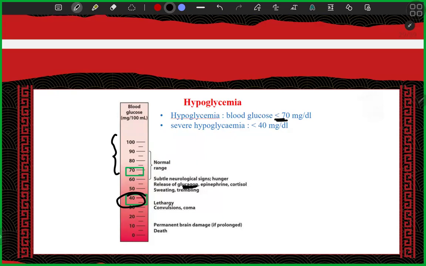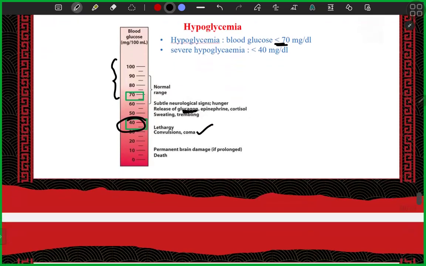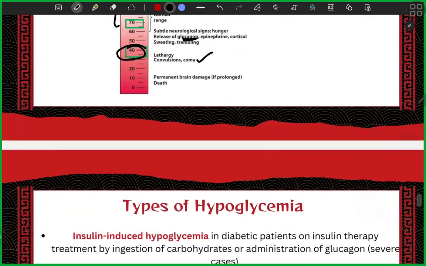But in severe hypoglycemia, you're going to have lethargy, convulsions, and coma, because you do need glucose for your brain, and your brain is the only one utilizing it. At some point your brain is not going to be able to use the glucose, and eventually you're going to have brain damage, and that's sad.